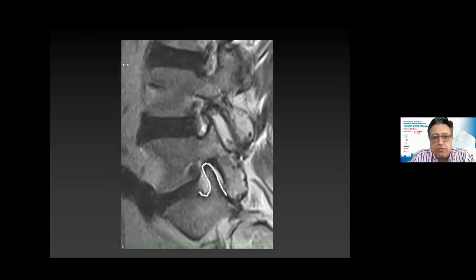I don't have to forget that if I do minimally invasive surgery, my goal is to not cause big damage to the patients and to take advantage of these minimally invasive instruments.